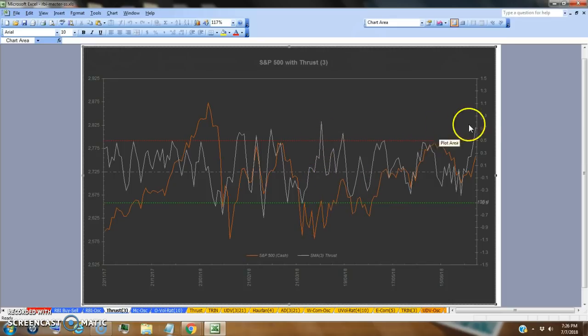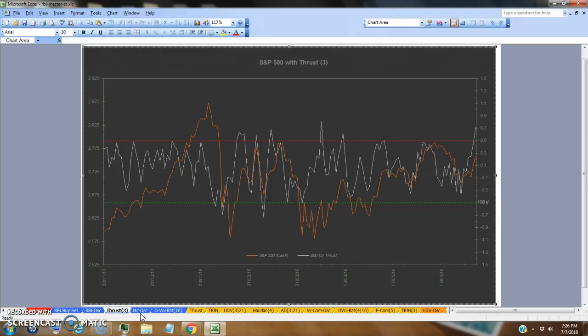Anyhow, it's above. It's also stretched at this time. When both of them together are at extremes, I usually have my heads up for a turn to happen within a day to a day and a half.